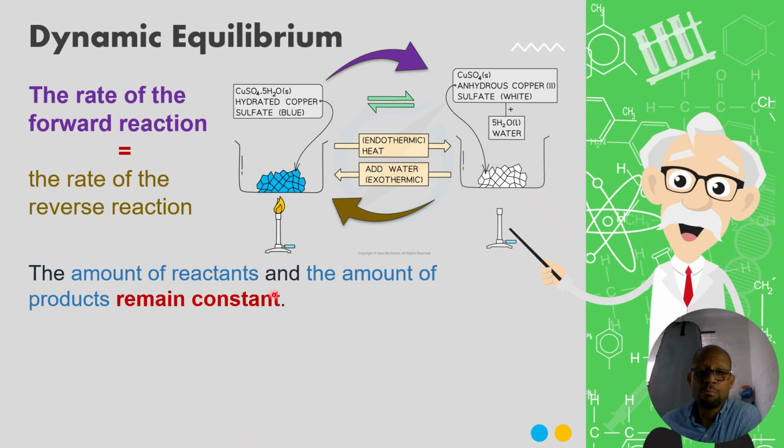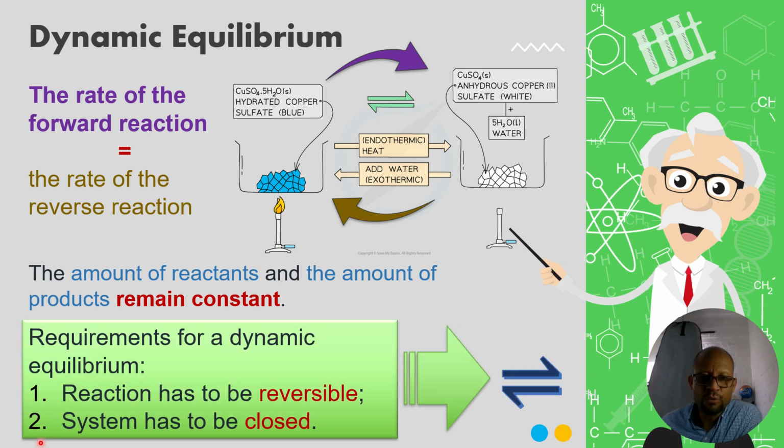Or the number of moles of the reactants per volume, or the number of moles of products per volume. When I refer to the amount of substance, I'm referring to the number of moles. But one can also say, because the volume remains constant, that in this case the concentration of the reactants and the concentration of the products remains constant. So that's not going to increase, it's not going to decrease, but the dynamic equilibrium still exists.